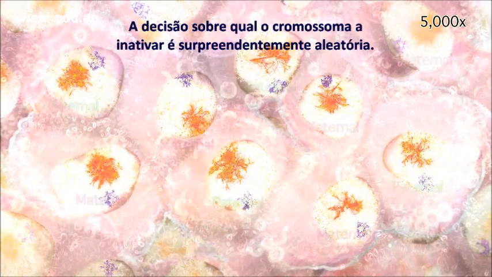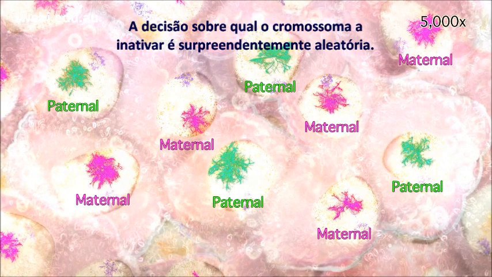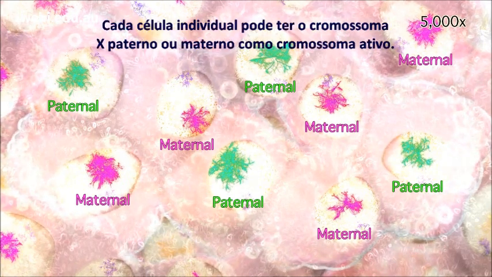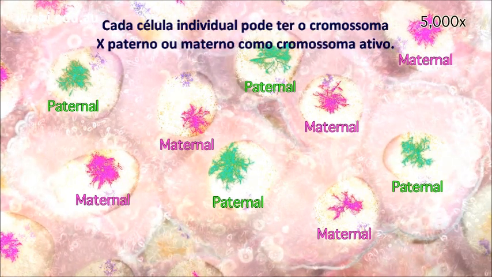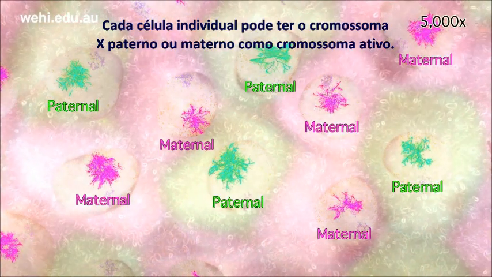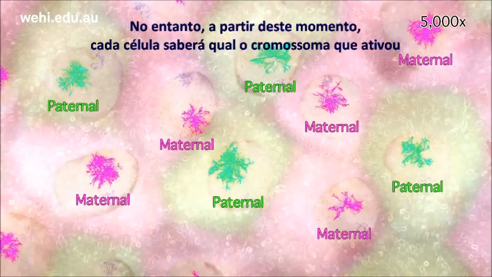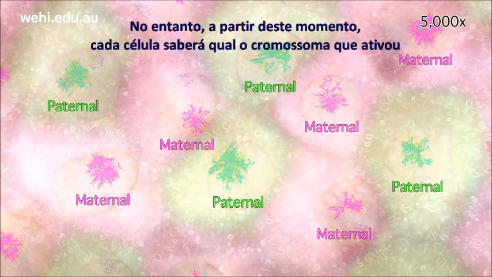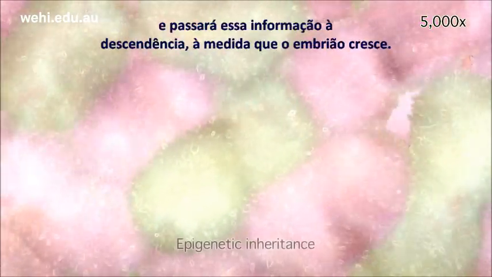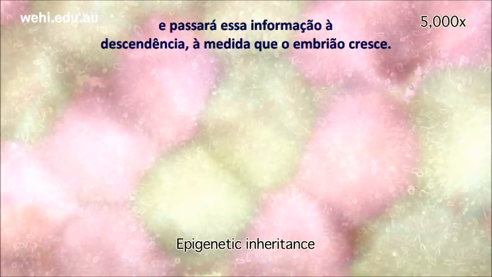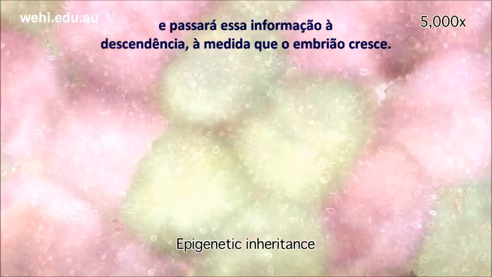The decision of which chromosome to inactivate is surprisingly random, and individual cells can have either the maternal or paternal X chromosome remaining active. However, from this point on, each cell will remember which X chromosome it has activated and pass this information on to its progeny as the embryo develops.